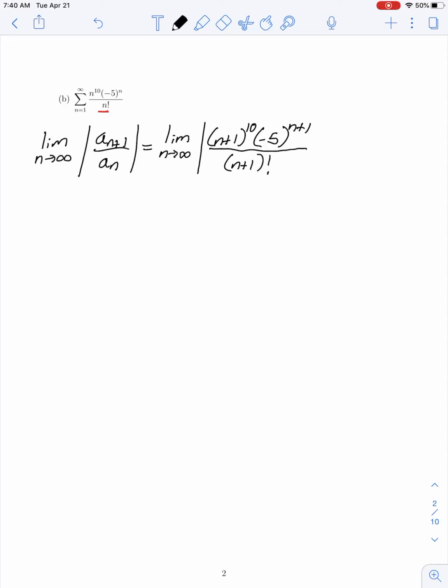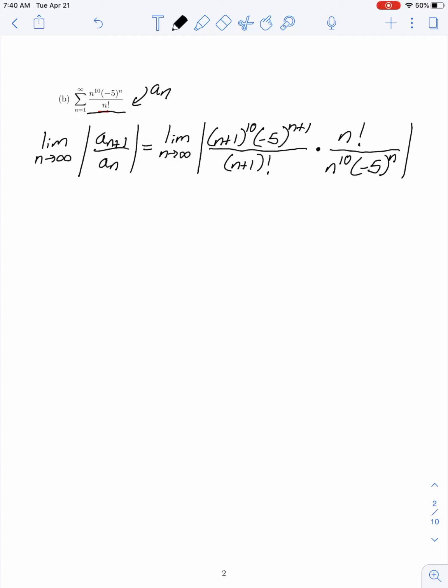And then we divide by a sub n, but since a sub n is a fraction here, rather than dividing by this fraction, we could multiply by its reciprocal, which would give us n factorial divided by n to the 10th power times negative 5 to the nth power.